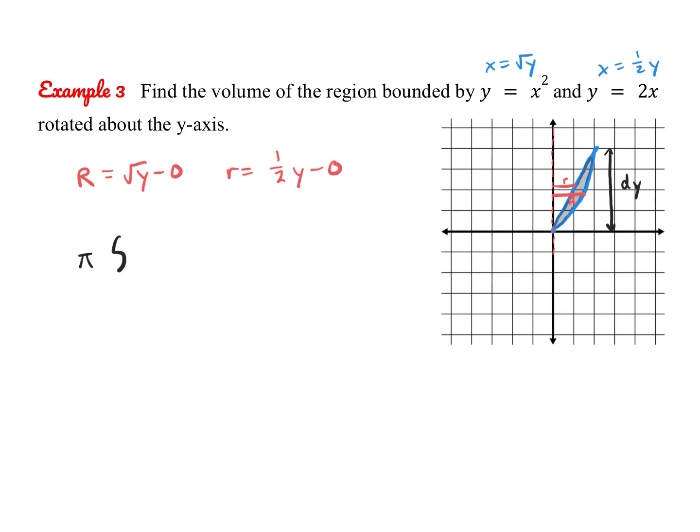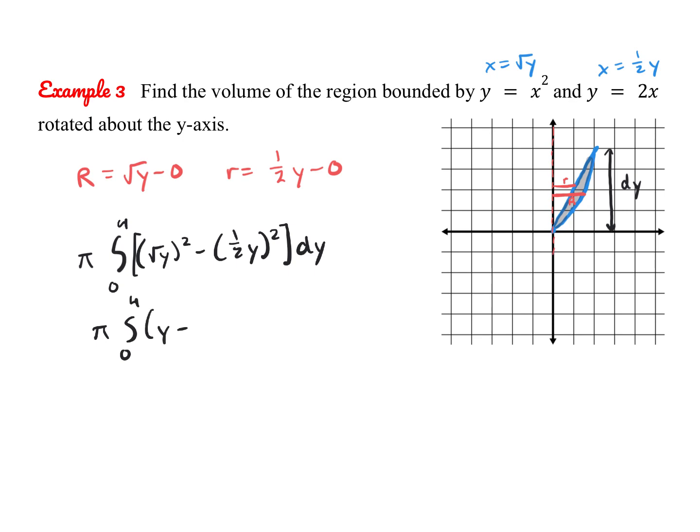So I'm integrating from 0 to 4. And I've already pulled my constant out front, and then I just have my large radius squared minus our small radius squared. And again, I'm integrating with respect to y this time. So now we just need to evaluate.